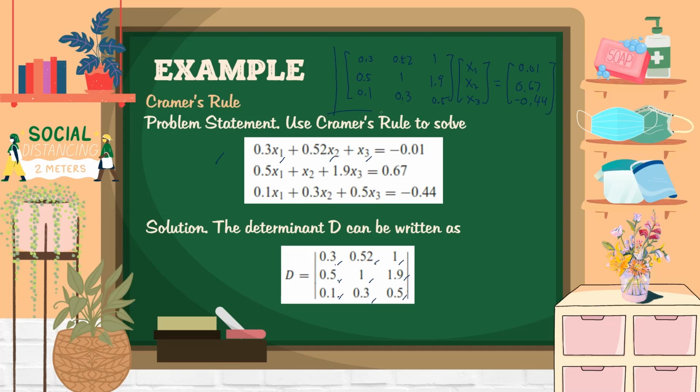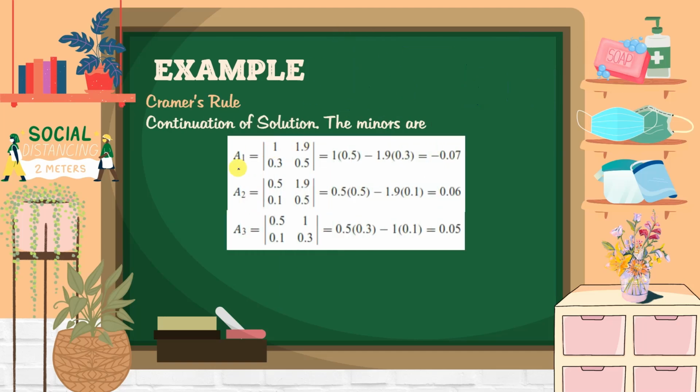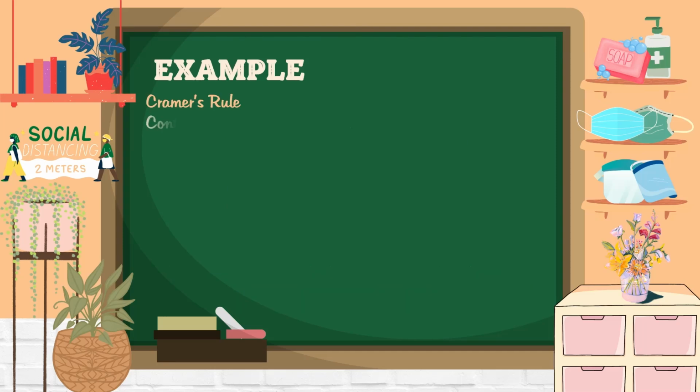So, this is simply finding the determinant of the coefficient matrix. And continuation of the solution. So, the minors are for A sub 1, A sub 2, and A sub 3. And this can be used to evaluate the determinant as in determinant equals negative 0.022.